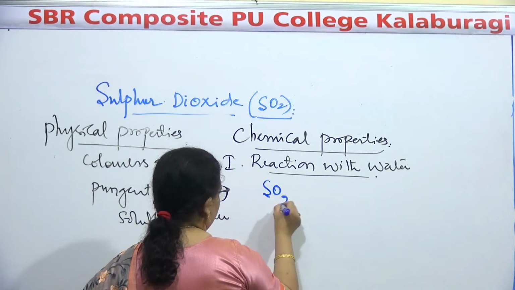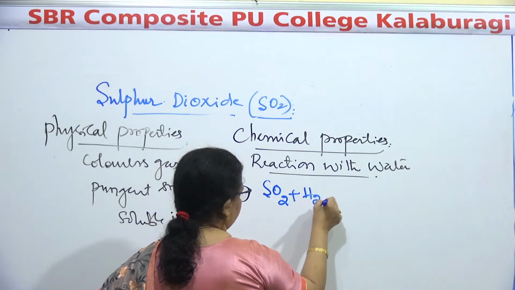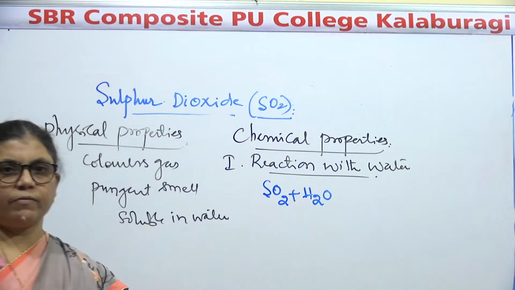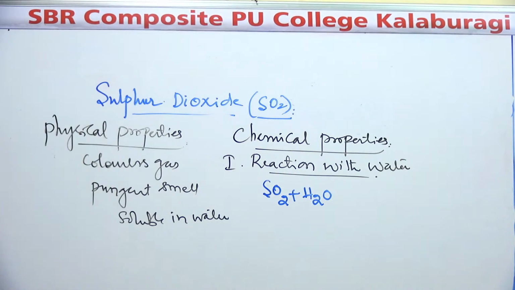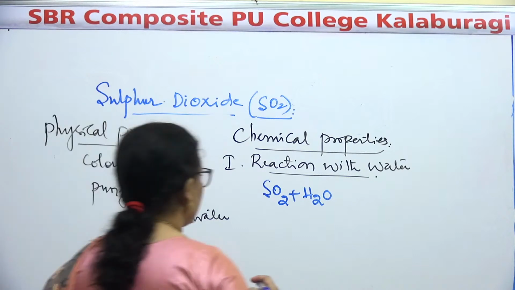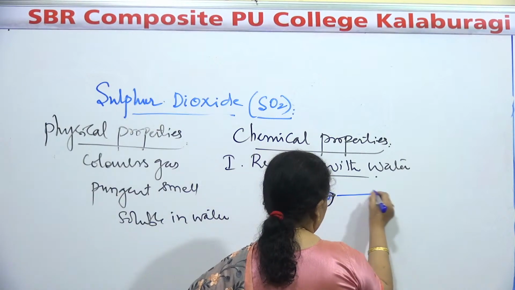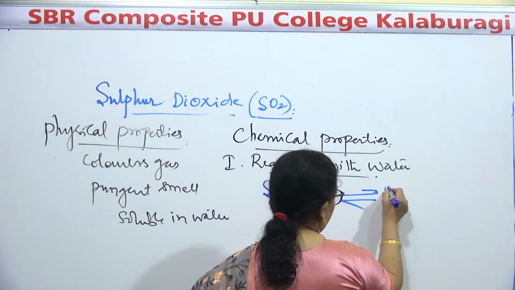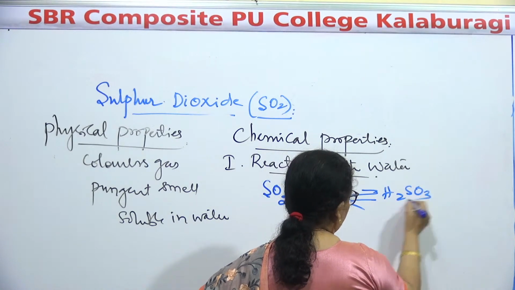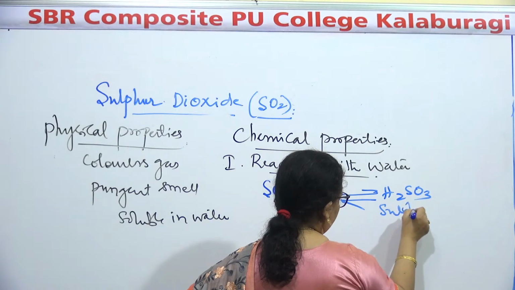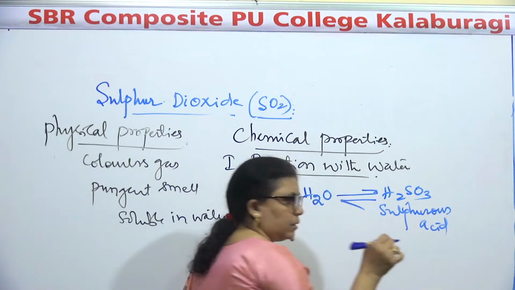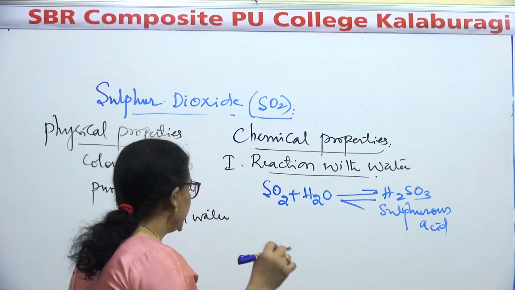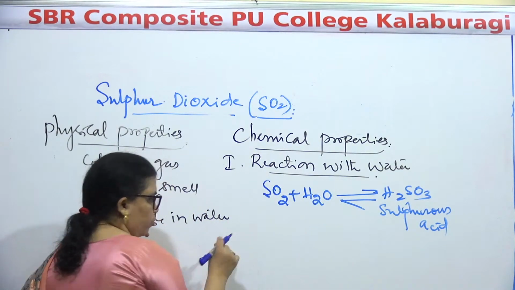Sulfur dioxide, the gas responsible for acid rain, when dissolved in water, being a weak acid, attains equilibrium to give H2SO3, sulfurous acid.